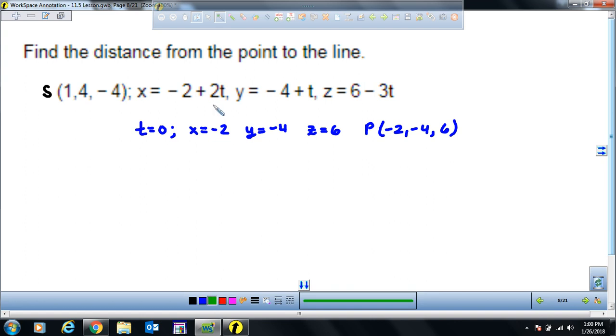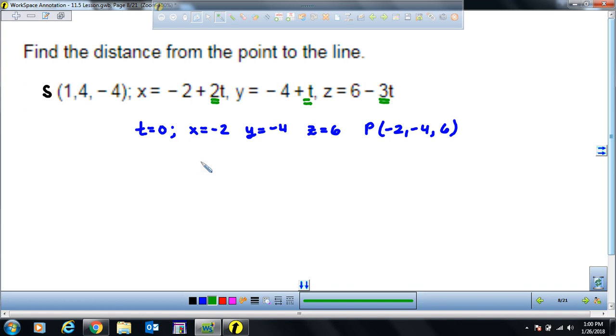And now, how do I find a vector that is parallel to this line? Very simple. Remember that these parameters that we have here, we can say that is like the slope of the line. So if I want a vector that is parallel to it, then a line that is parallel to another line, they must have the same slope.